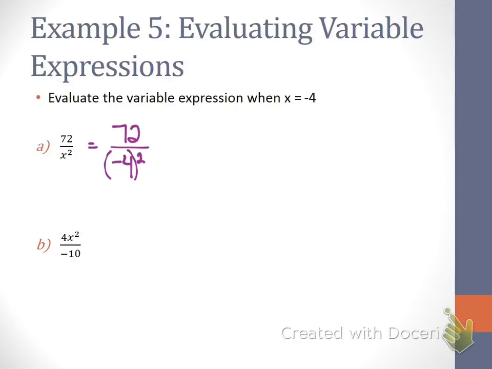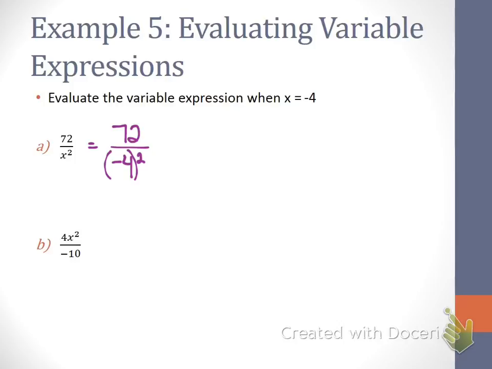If you don't put it in parentheses and you're using your calculator, technically that means negative 4 times positive 4. If it's in parentheses, then we know that it's negative 4 times negative 4, okay? So if you don't understand that, that's okay. You just need to remember, put your negative number in parentheses when you raise it to an exponent.